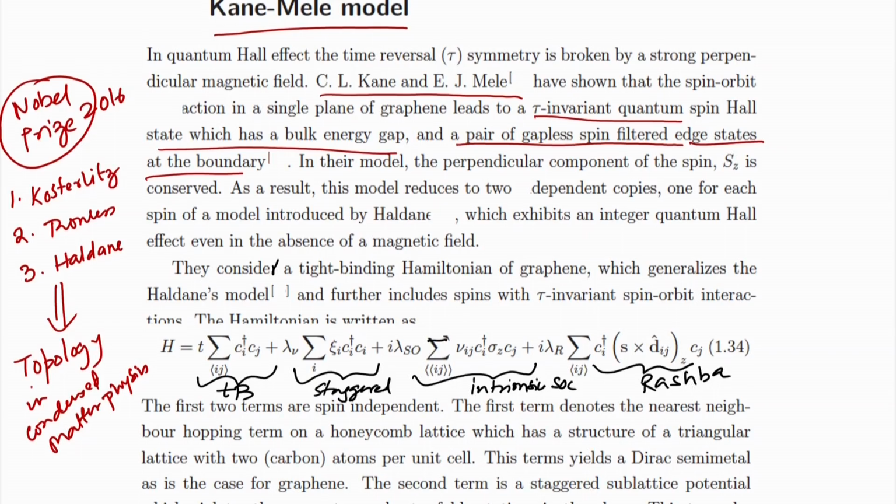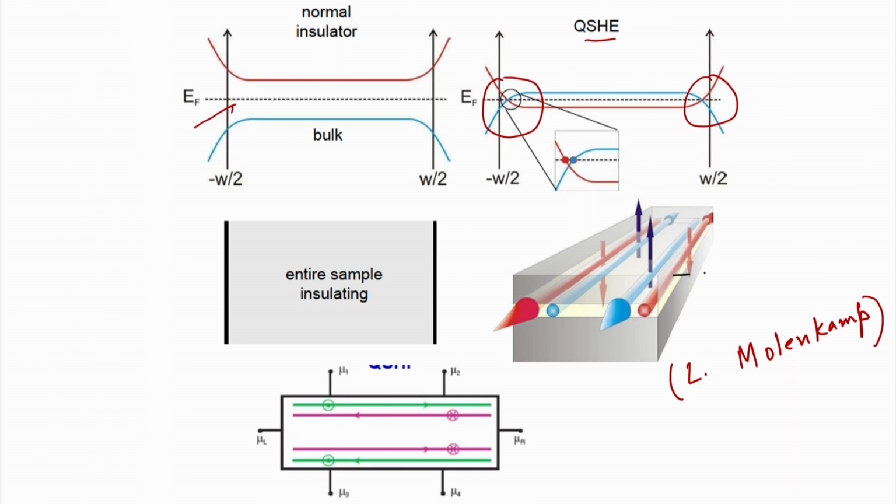All the terms put together preserve the time reversal invariance. And so, these states that you see here cannot be destroyed by any perturbation which is time reversal invariant. You have to break the time reversal invariance in order to break this.